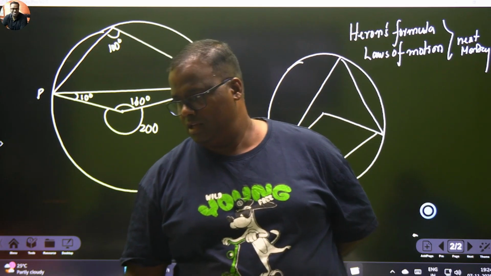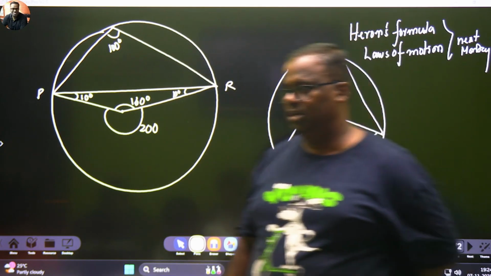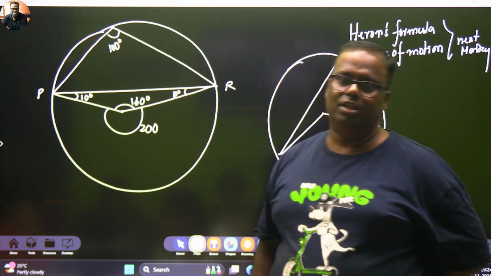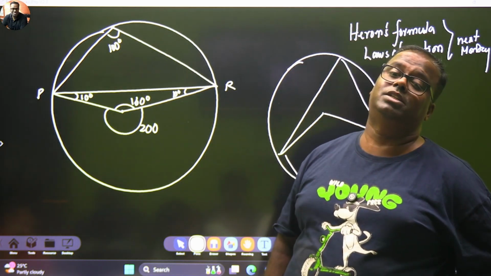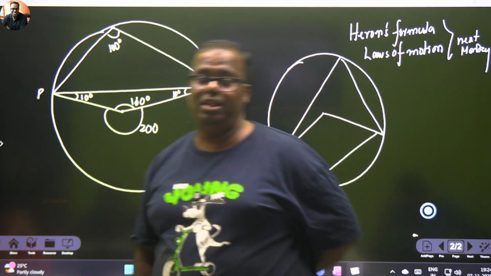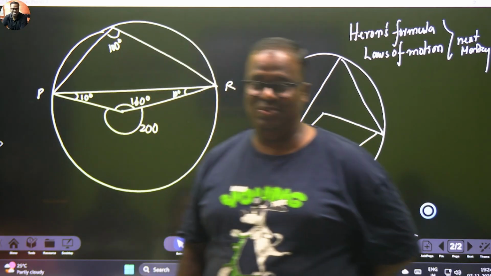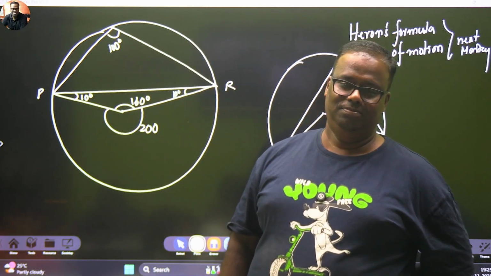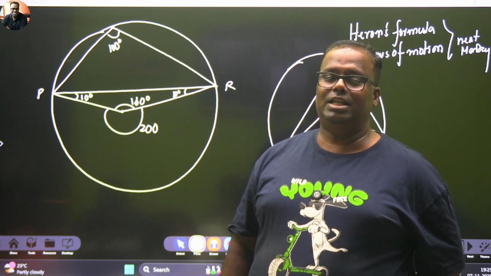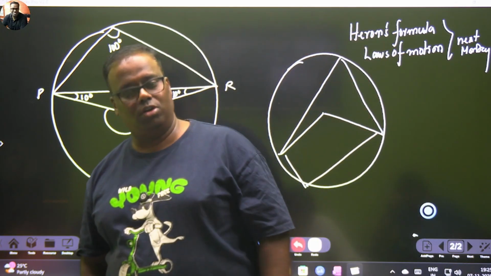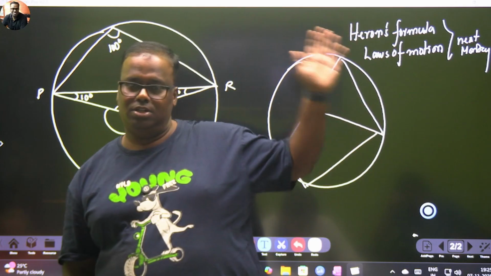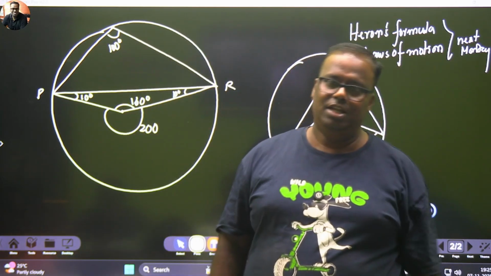Then you'll be using a cyclic quadrilateral property. Yes, you're forgetting. The opposite angles of a cyclic quadrilateral are supplementary. Use that. See, the chapter can have a trick from the chords theorem, the cyclic quadrilateral.